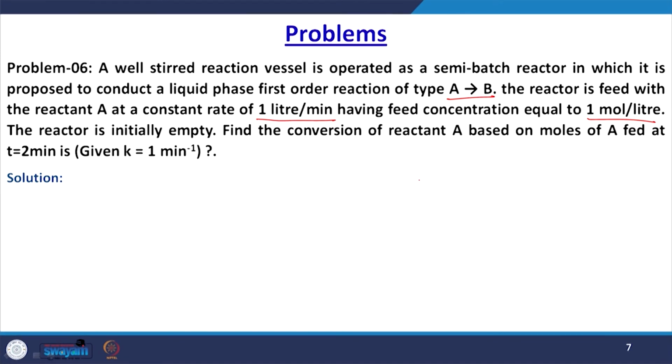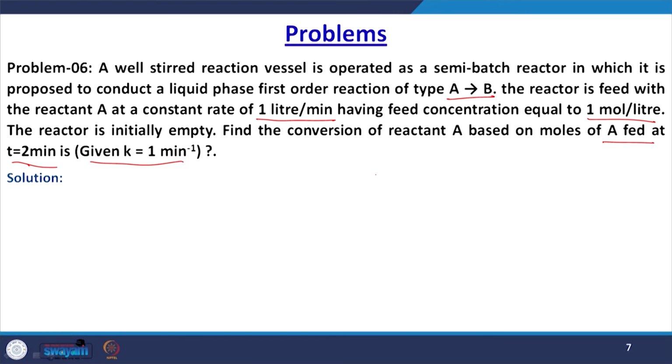Now the reactor is initially empty, so you need to find the conversion of reactant A based on moles of A fed at time t equal to 2 minutes. Now K is given as 1 meter inverse.